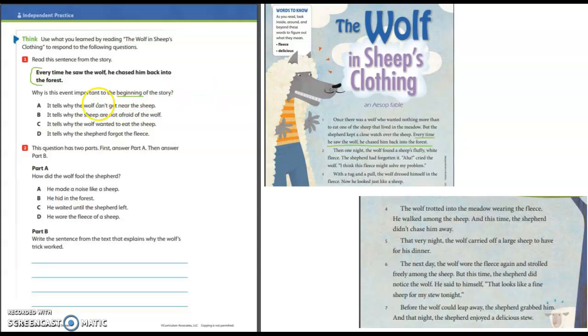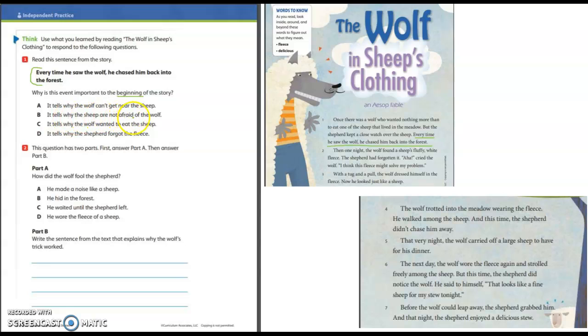So A could be an option. Why can't he get near them? Well, because the shepherd is watching them and chasing the wolf away. So A would make sense. Even though I think A is the answer, I'm going to keep reading the rest of the options just in case there's a better answer.